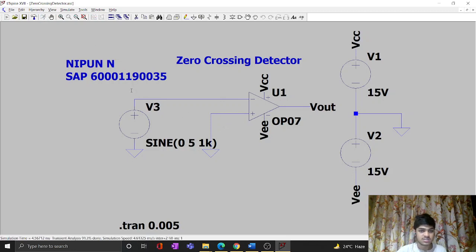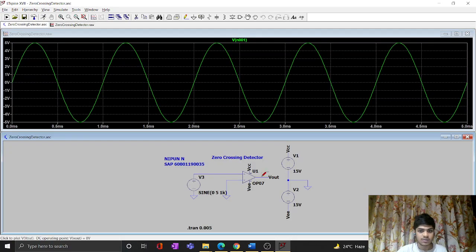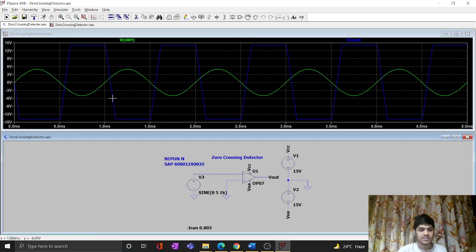So this is nothing but when we generate the output, you can see whenever the input goes above the 0 mark, it will generate a negative Vsat, and whenever it goes below 0, it will create a positive Vsat, and that is why the name suggests zero crossing detector, as it detects whenever we cross the 0 mark.